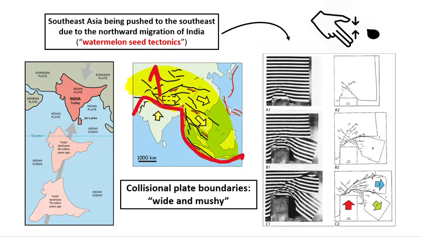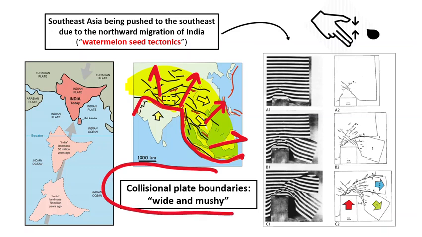It actually extends hundreds of kilometers inboard from the plate boundary. So that's a really important characteristic of most collision zones. They tend to be wide and mushy. The deformation, the faulting, the uplift, the mountain building can extend for hundreds and hundreds of kilometers on either side of the actual plate boundary.